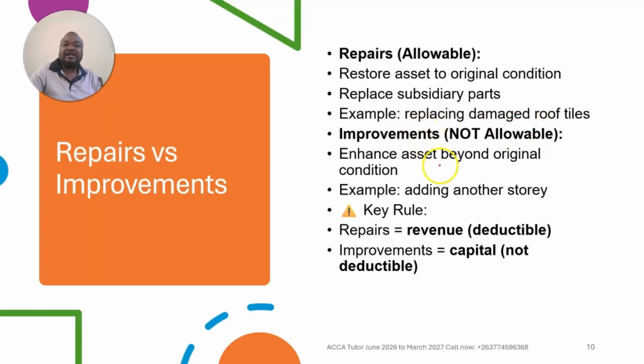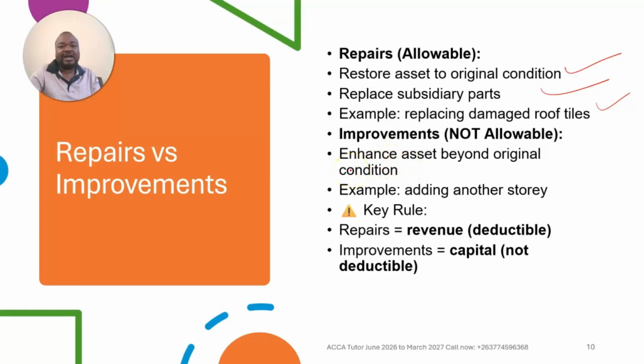These restore assets to the original condition, not exceeding the original condition. Replacing subsidiary parts, for example replacing damaged roof tiles, is also an allowable expense, but improvements are not allowable.